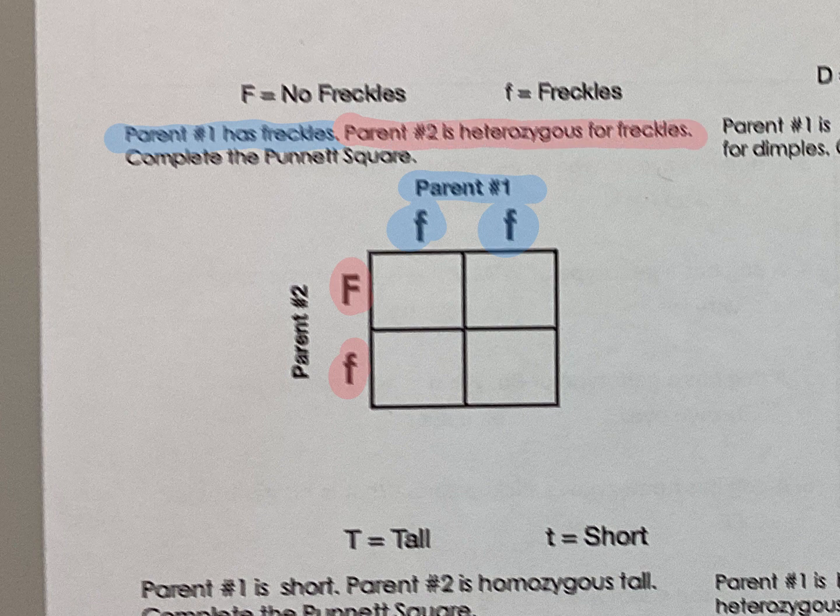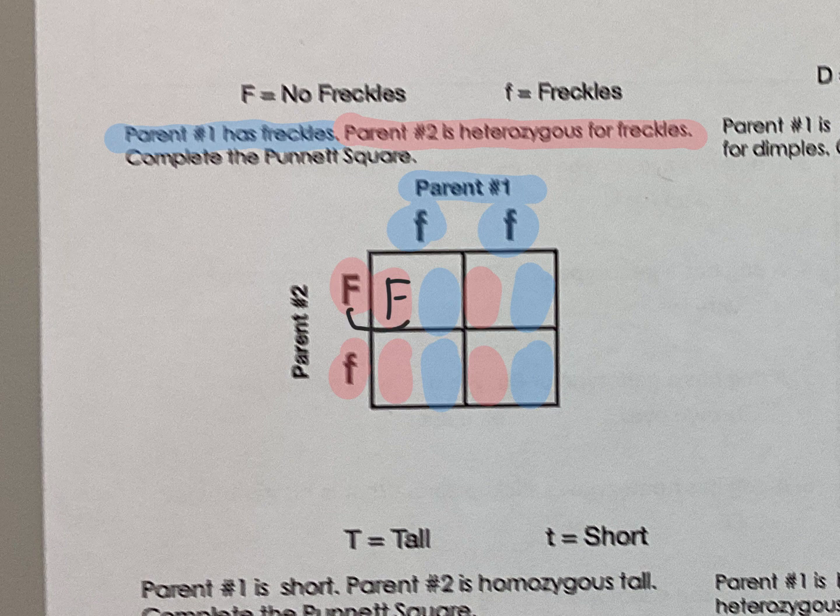It really doesn't matter which parent is where, mom or dad, on the top or the left. The way it goes is that if you have a capital letter, you're going to write that capital letter first, and if you have a lowercase letter, you're going to write it second. That's the only rule for right now. I've shown you where the letters come from.